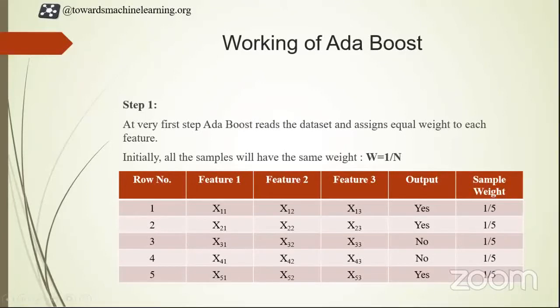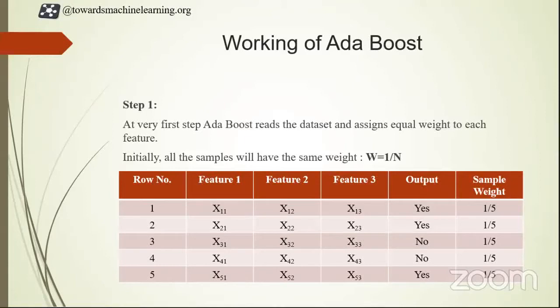As you can see, we have the formula: weight is equal to 1 upon n, where n is the number of samples. So the sample weight is 1 by 5 for all the instances. It is the same for all the instances. So this is the very first step.